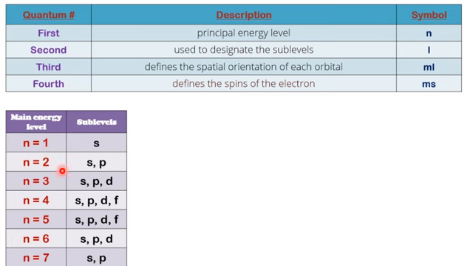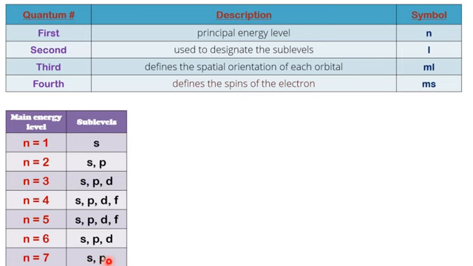In the second, there are two sublevels, which are s and p. In the third, there are s, p, and d sublevels. In the fourth energy level, we have s, p, d, and f sublevels. In the fifth, we have s, p, d, f again. In the sixth, there are three sublevels, which are s, p, and d. And in the last one, we have s and p sublevels.